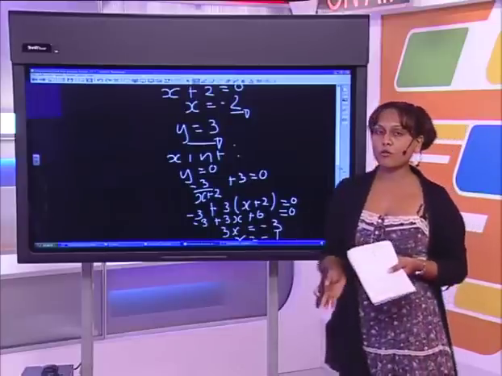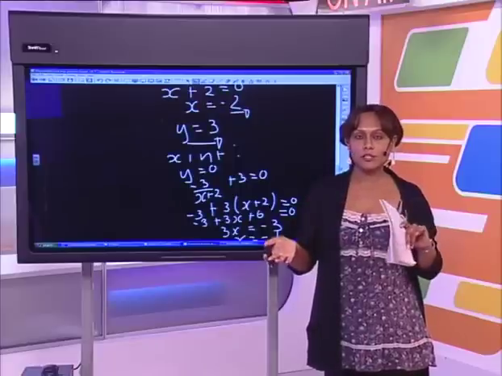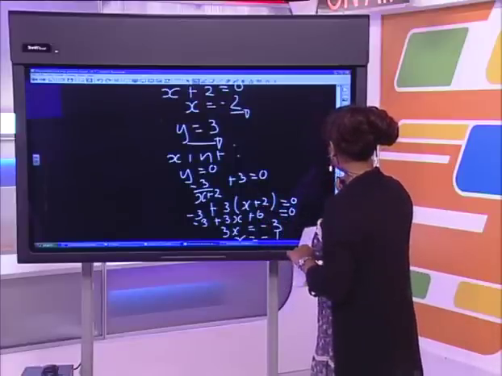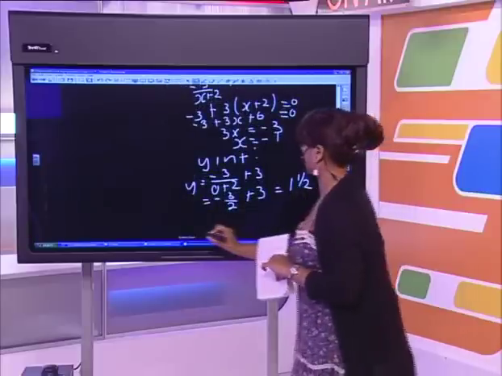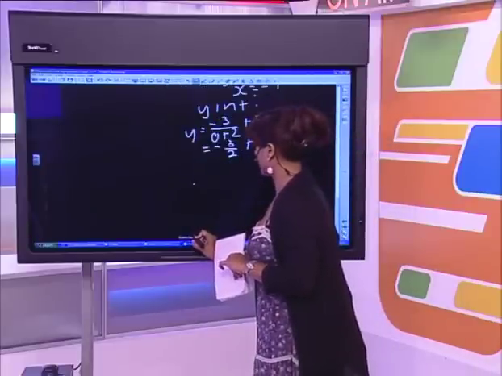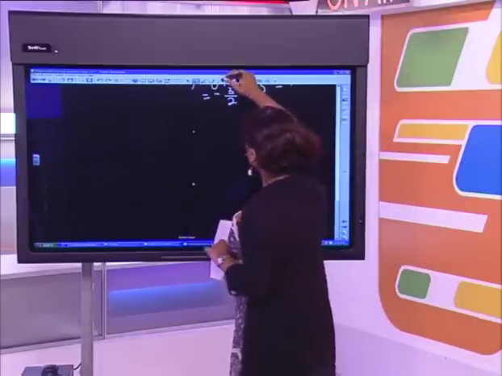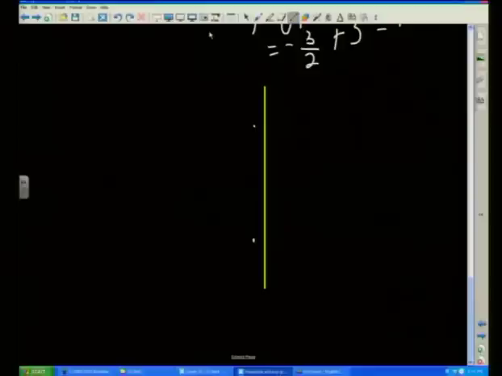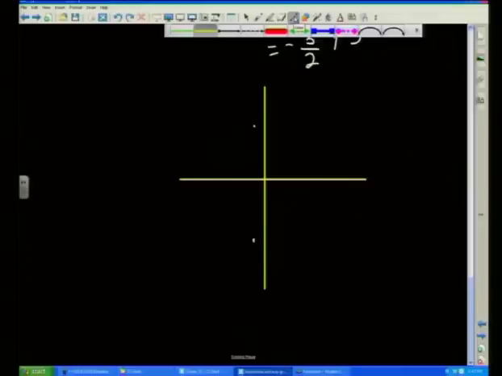So if you've got all of this so far, you're really in the position now to sketch your graph. So let's have a look at what this graph's going to look like. All right, so I'm going to put the axis in. And the first thing I'm going to do is put in my asymptotes, and I'll use a different color here.